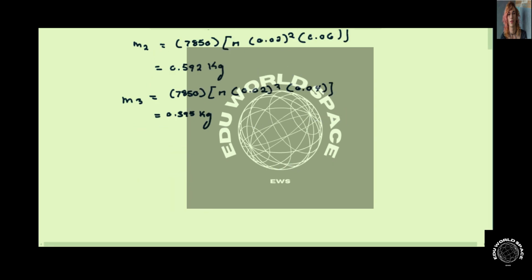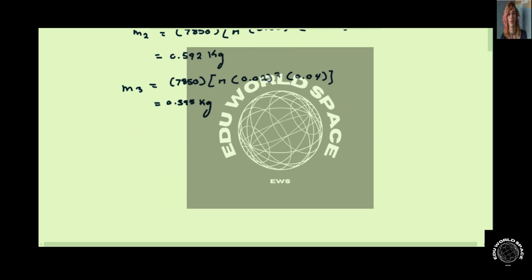And so for the product of inertia about x, y, we have Ixy equals m2 x2 y2 minus m3 x3 y3. Okay, and what we can do is substitute what we have.